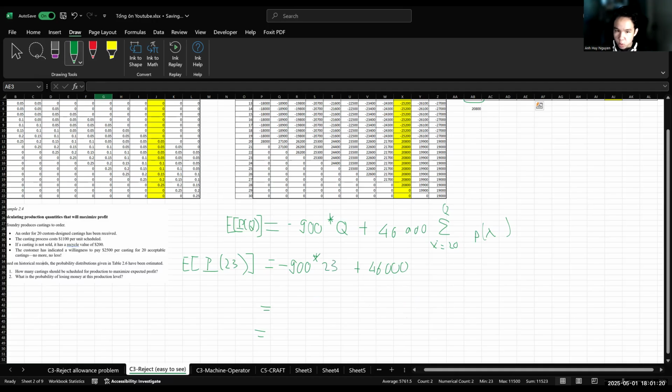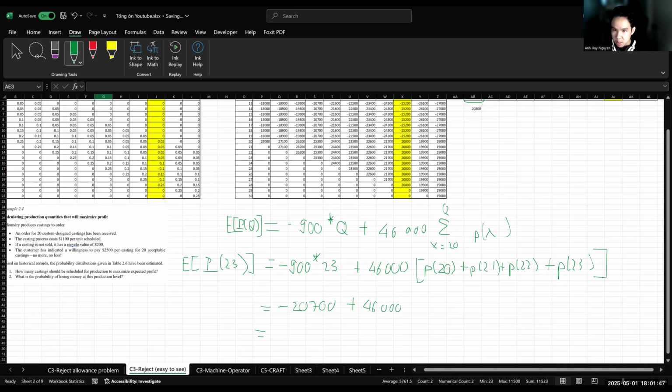So here you will have PX, P20 plus P21 plus P22 plus P23, minus 20, 46,000.